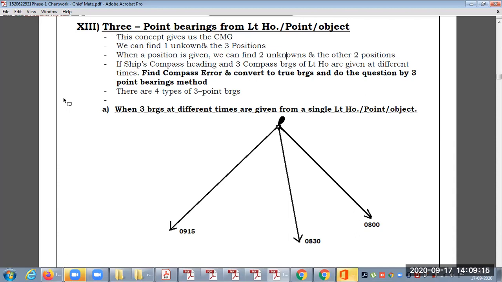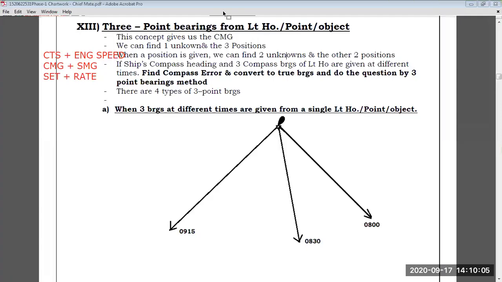These are the six inputs which we need for plotting a chart triangle: course to steer, which goes with the engine speed, course made good and the speed made good, and the set and rate. So we need these six things to plot a chart triangle vector.